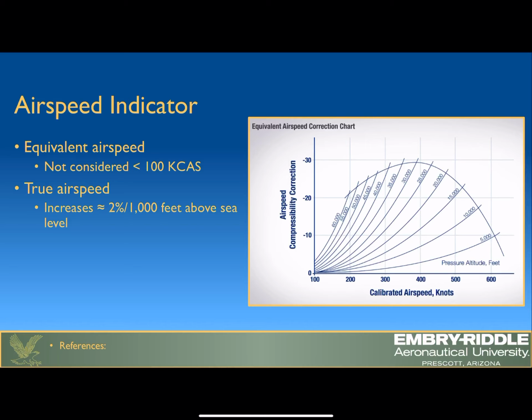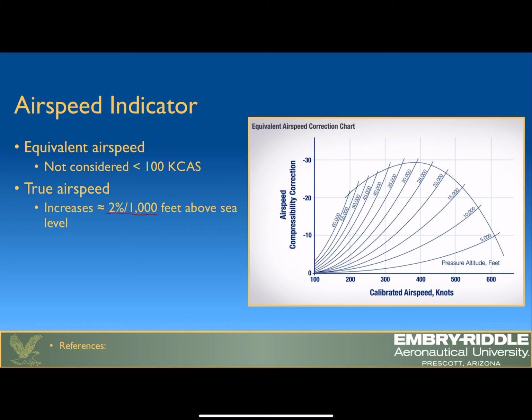Here's a graph that explains equivalent. So if you're a little confused on equivalent airspeed, this is showing how compressibility affects that airspeed. And then a good rule of thumb for true airspeed is it increases about 2% for every 1,000 feet above sea level.